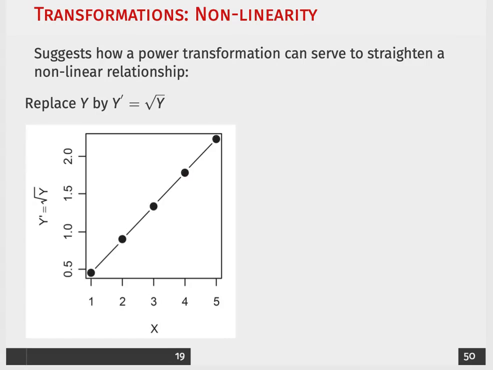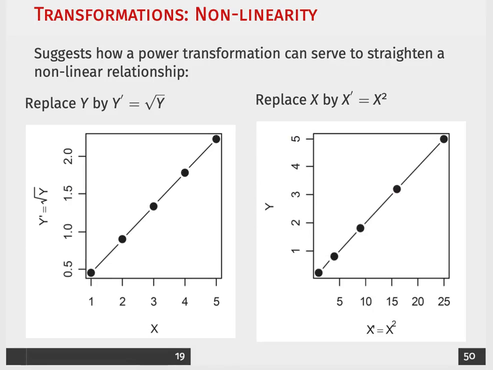We're going to take the square root of y, and we're going to replace x with x squared. Both of those have the same ability to straighten out that non-linear relationship into a linear relationship. So there is basically no difference between the two. We are just using two different transformations to straighten out our nonlinear relationship.